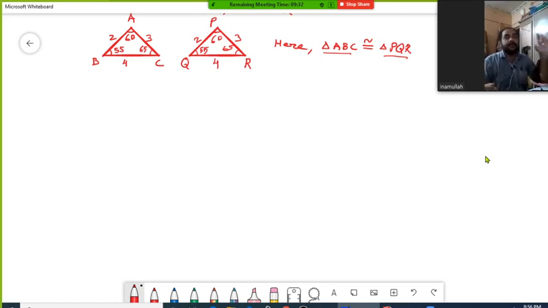So certain tests are given, like side angle side test, angle side angle test.